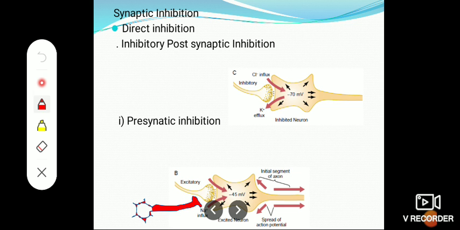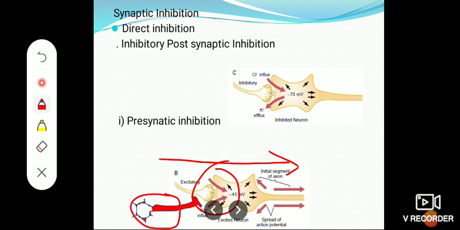This excitatory neuron is exciting this postsynaptic neuron routinely, but due to the presence of other inhibitory neurons which inhibit the release of excitatory neurotransmitter, they are putting a brake on its release. So it is called presynaptic inhibition.